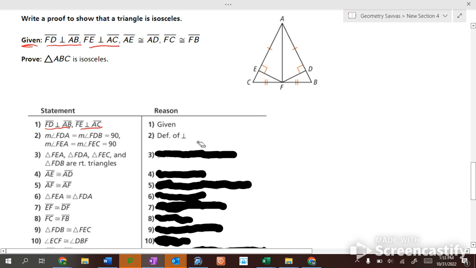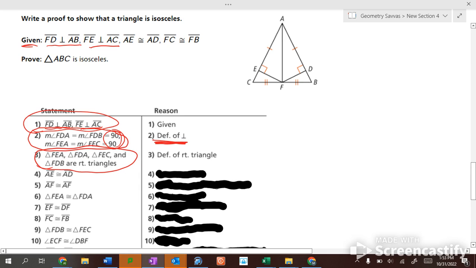That's the definition of perpendicular lines. Then if we have 90-degree angles and they talk about right triangles on the next step, that's the definition of a right triangle. So we're defining certain things. It took 3 steps to say, hey, we've got right triangles here.